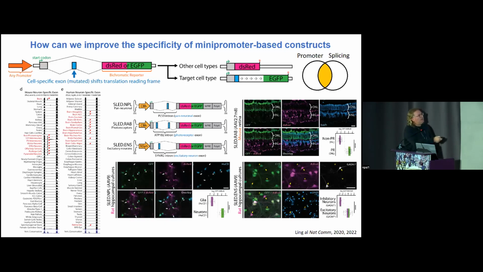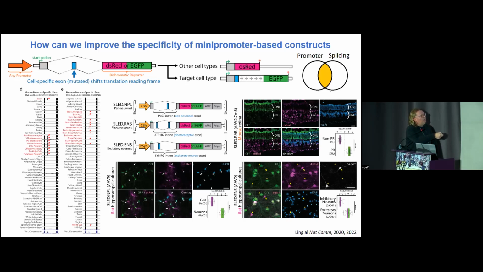These are three examples of the so-called splicing linked expression design, or SLED vectors. This is one where we've taken a ubiquitous promoter and used it to drive pan-neuronal expression using this PLS3 intron, as shown here. Basically, we see very high expression just in neurons and not in glia. We can do the same for photoreceptors.